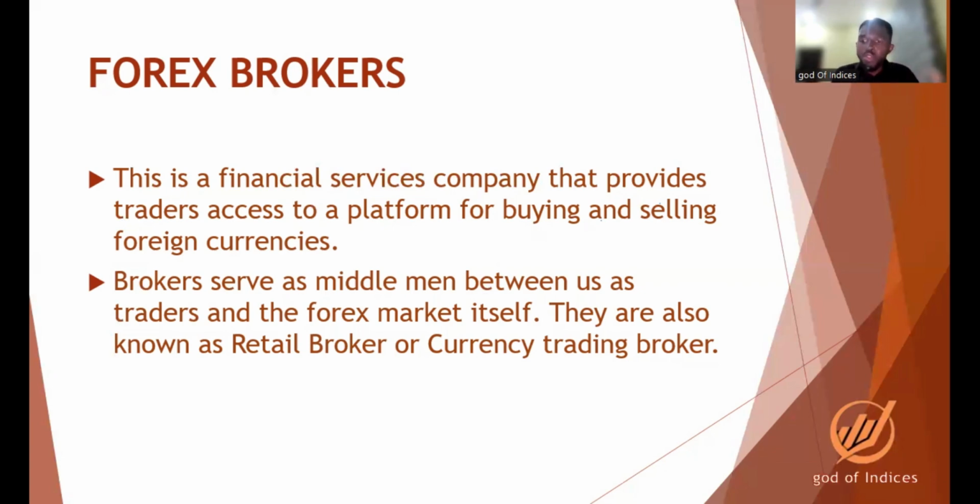They make their money by what we call spreads. When they give you a platform to trade, they either charge you commissions or they charge you based on spread. That's the difference between the price that the currency is worth in the market and the price that the broker is offering it for. This is how they make money, by providing you the platform for you to trade.